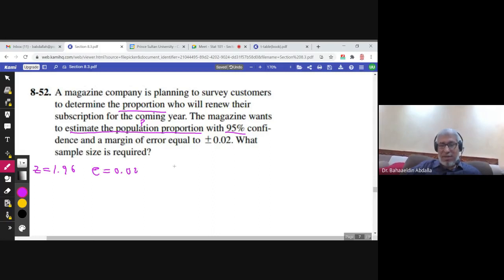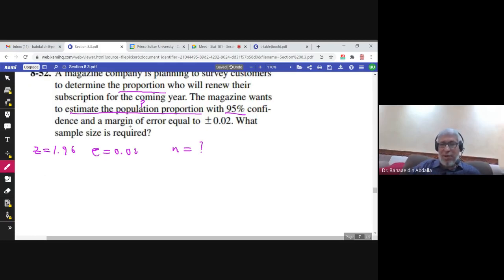What sample size is required? Well, we don't have a pilot sample, so P bar is not there.